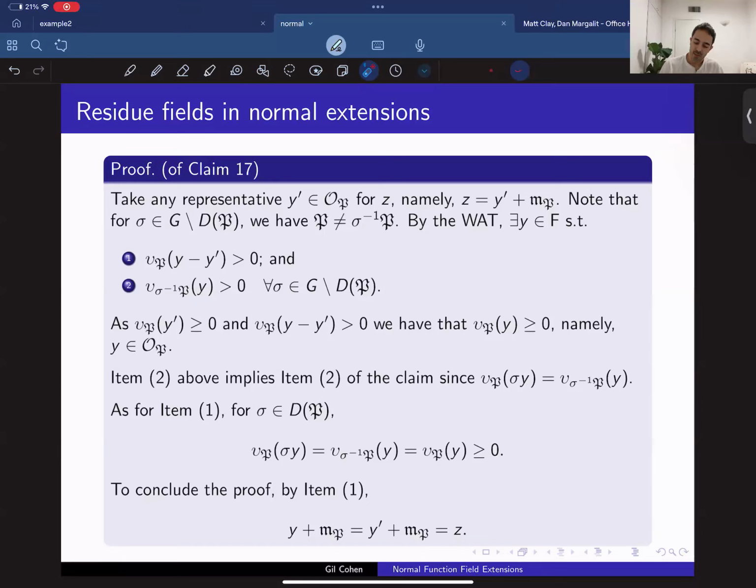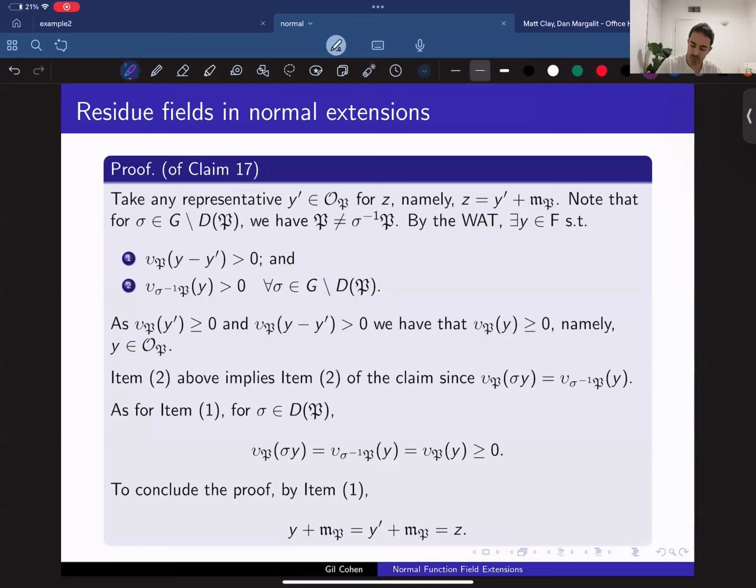Now, we know that v capital P of y prime is at least 0 because y prime is in OP, it's a representative for this z, and we know that y is close to y prime. For that particular line, I only need a larger or equal, by the way. And so because this is larger or equal than 0 and this is larger or equal than 0, then we know that also Vp of y is larger or equal than 0.